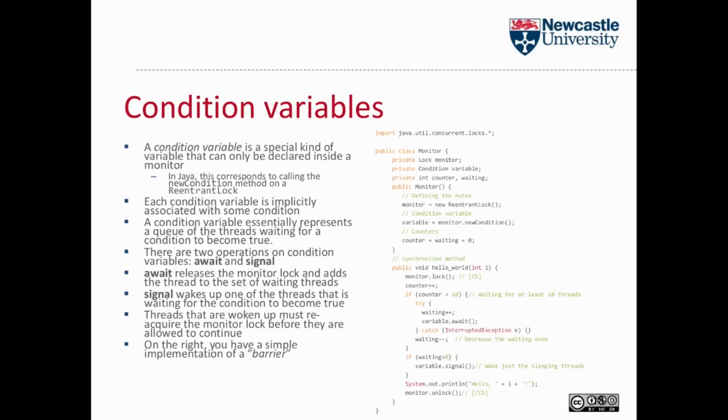And then if the number of waiting is still greater than 0, I'm saying, okay, I still have someone that is waiting for the condition, and given that I was woken up because I'm after this counter, it means that no matter how I passed the test, either I was woken up or the counter was greater than 10, and so I know that someone is waiting to be signaled.